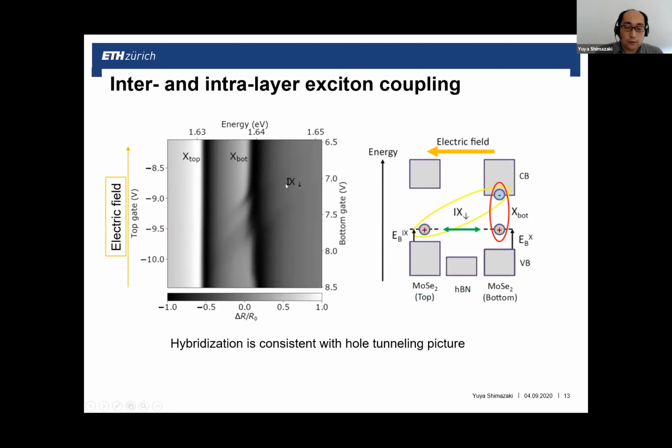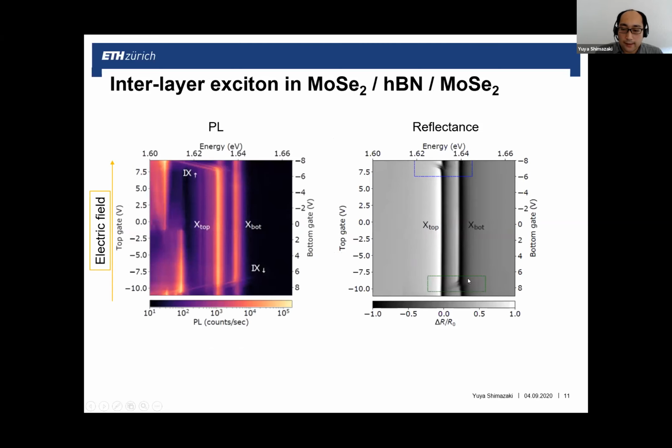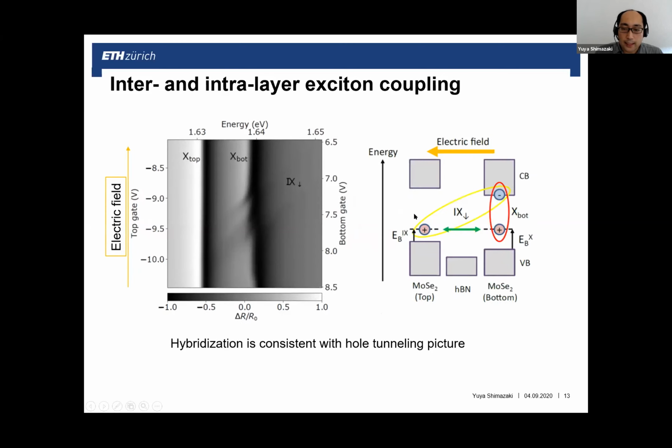So if we now go to the opposite polarity of the electric field, which is this side, we can hybridize the interlayer exciton, which has a hole on the top layer, with the exciton in the bottom layer. And indeed, we see the avoided crossing between this interlayer exciton and the bottom layer intralayer exciton. Again, this hybridization is consistent with this hole tunneling picture.